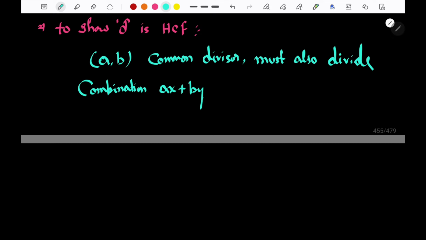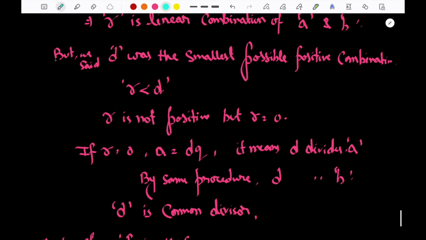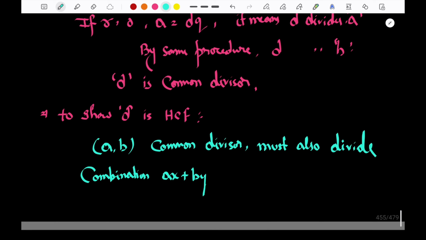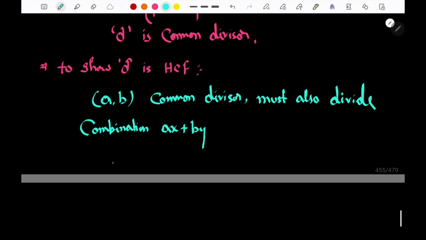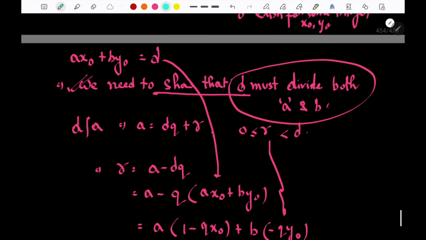Why? This we have already proved here: d was the smallest possible combination, and we already showed that whenever there is a common divisor of a and b, we can put it in a linear combination of ax plus by. Also d is equal to what? a x naught plus b y naught. That we have already seen here, that a x naught plus b y naught is equal to d.